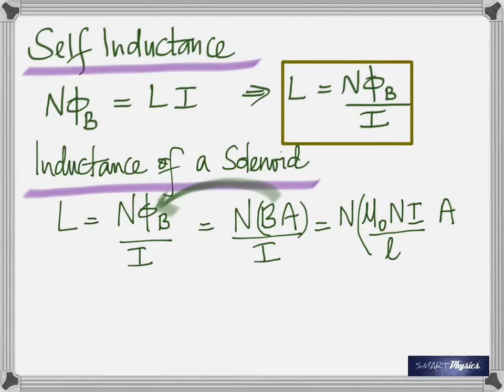Now, be careful about this. There's a caps L and a small l. And I've seen students cancel it out. The little one is the length. The caps one is self-inductance. If you cancel it out, that'll be the biggest mistake you ever make in your life.